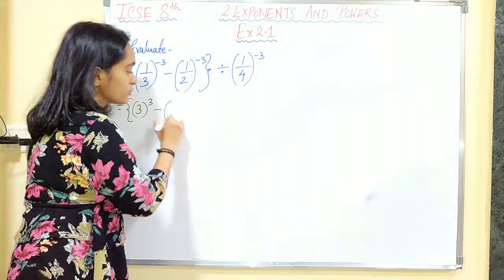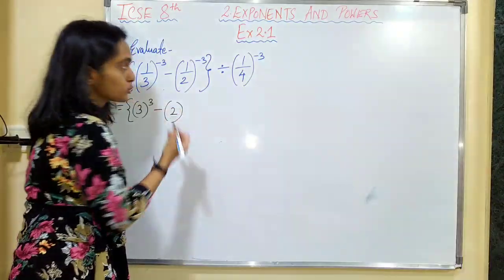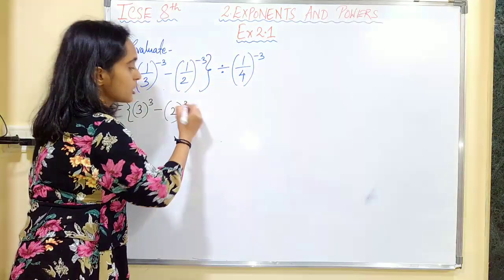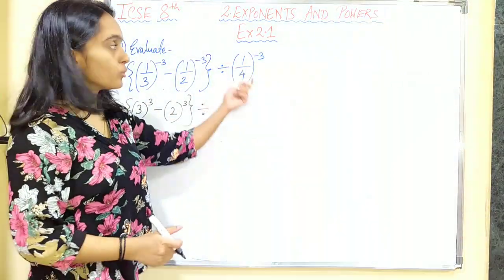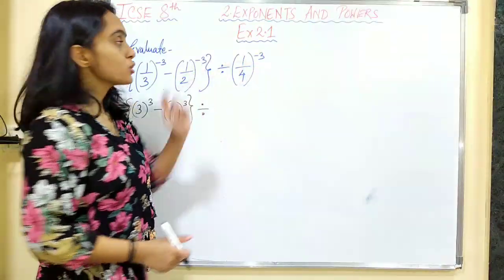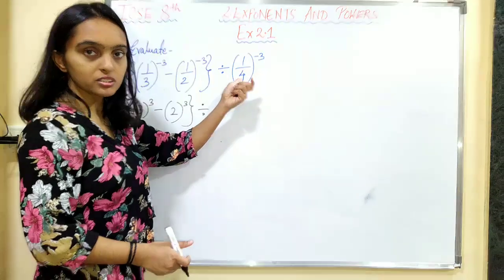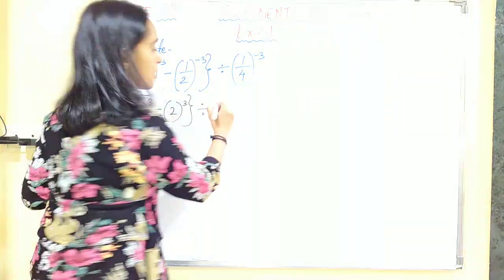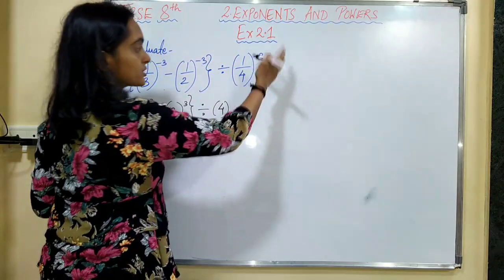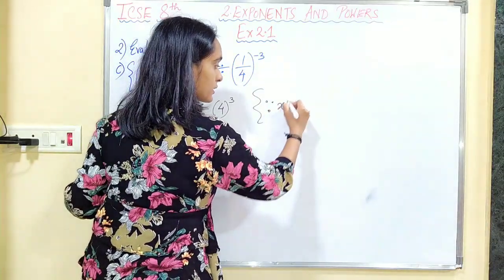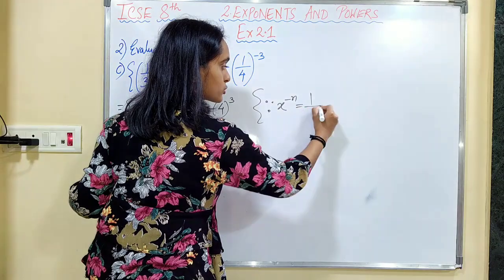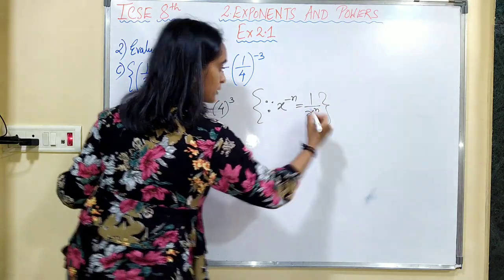So again you will get the reciprocal of 1 upon 2, which is 2, and this will become cube. Now here 1 upon 4 raised to minus 3. So it will be the reciprocal of this. 1 upon 4's reciprocal is 4 and minus 3 will become 3. So by using the law x raised to minus n equals 1 upon x raised to n.